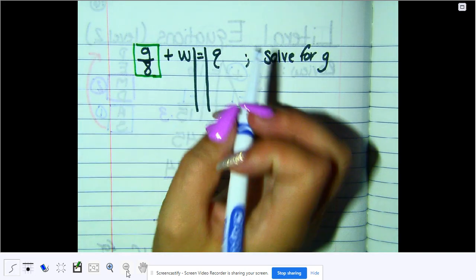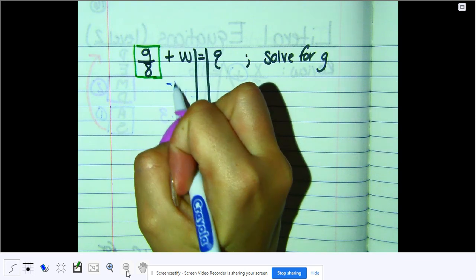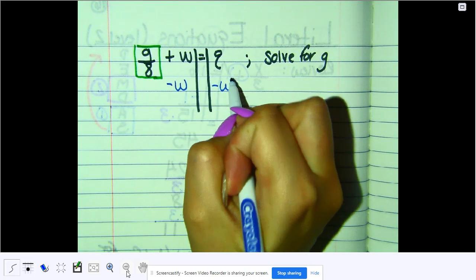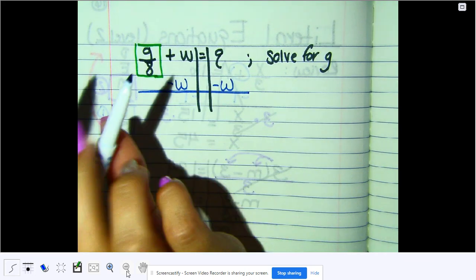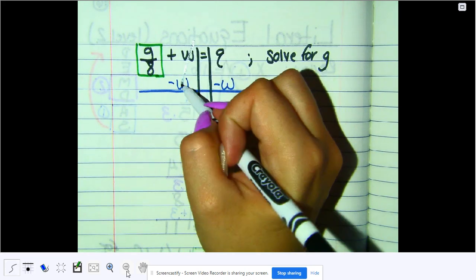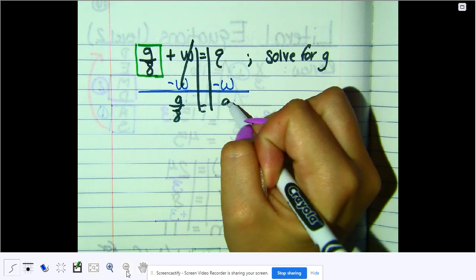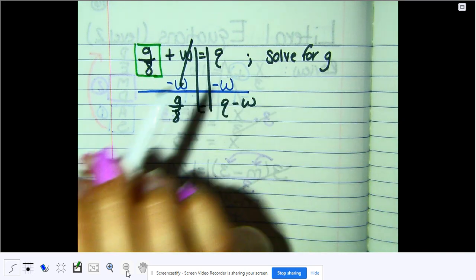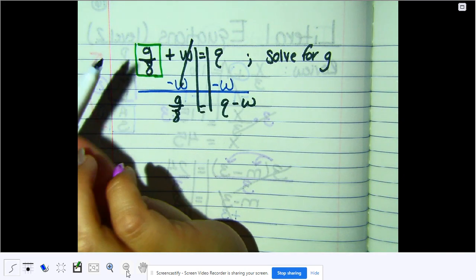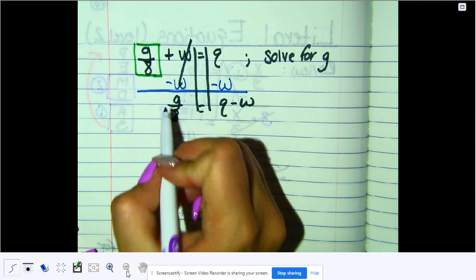So we're going to do the opposite of adding W, which is subtracting. W minus W cancels. So we have G divided by 8 is equal to Q minus W. This particular operation here is division, so we're going to multiply by 8.